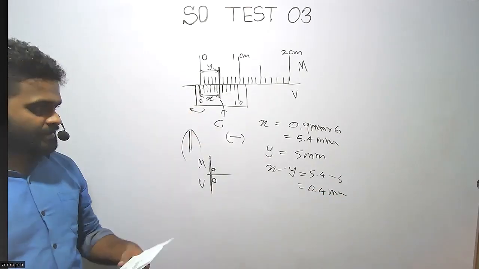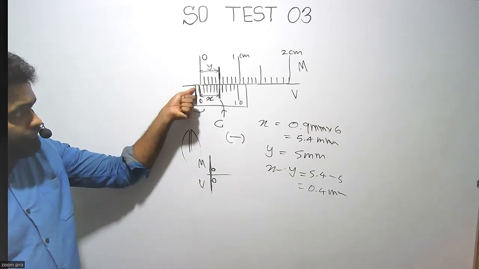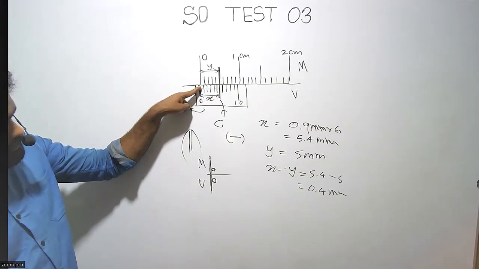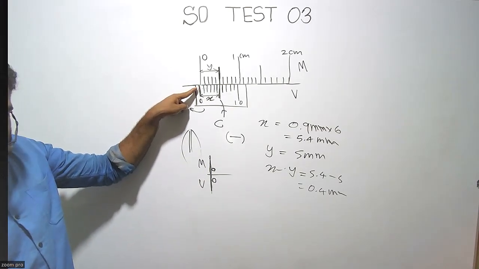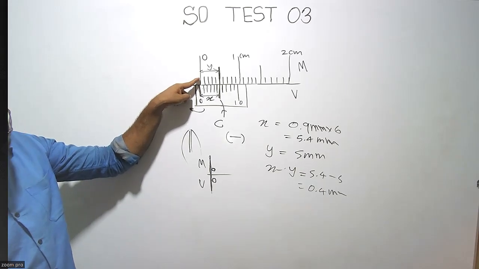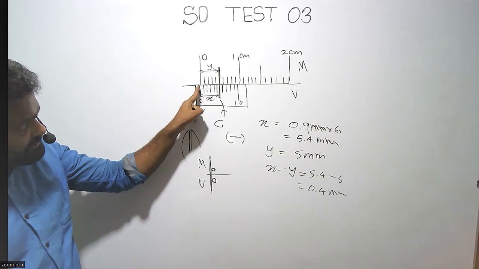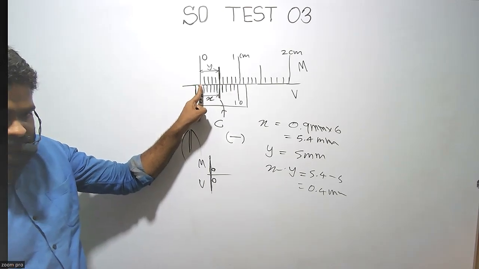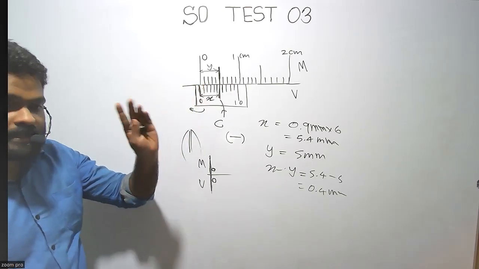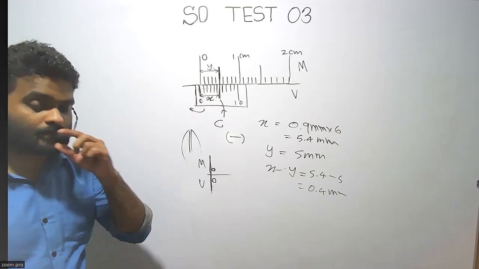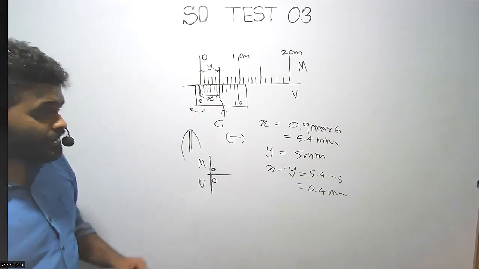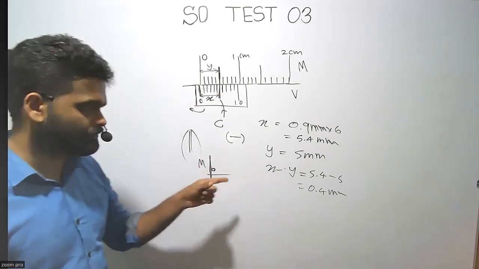Earlier we found that 0 error is negative, right? If this 0 mark shifted to the left side from the 0 mark of the main scale, it is a negative error. If it is shifted to the right side, the other side, then the 0 error is positive. For those 0 errors, I think everyone knows how to find that.